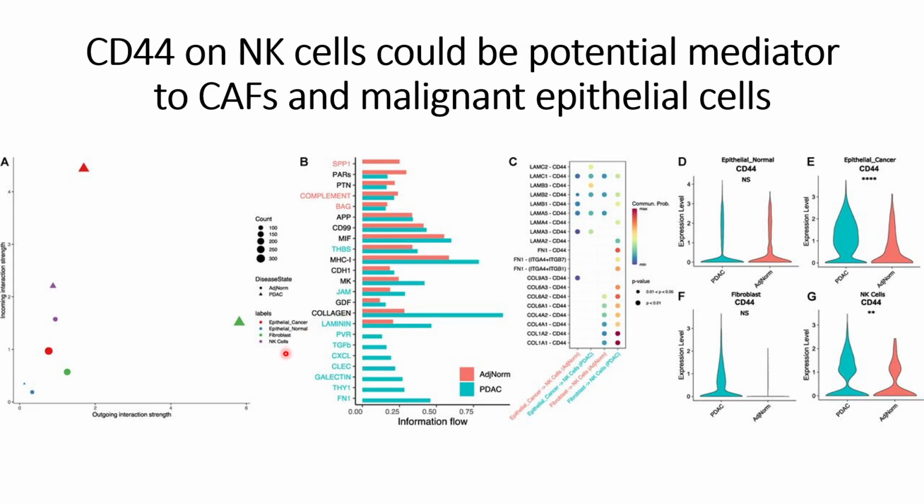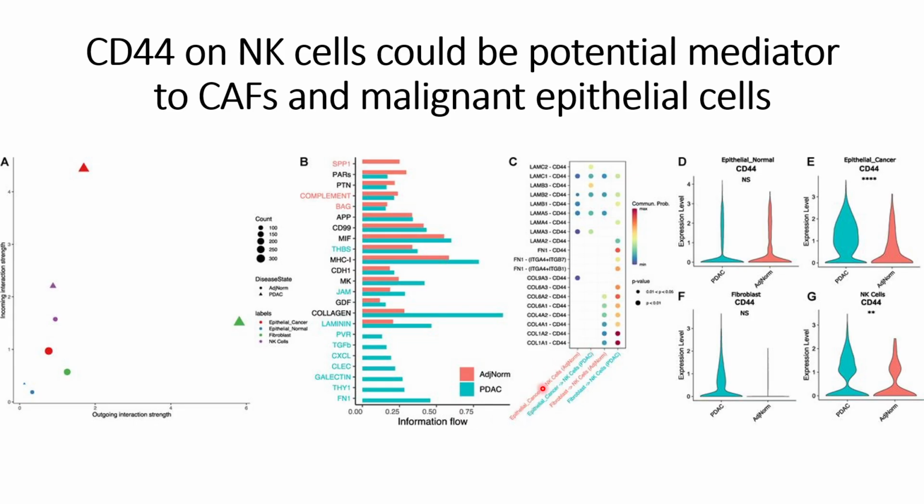Now they wanted to see the ligand-receptor interactions with respect to the NK cells, and how these signaling pathways are affected by the NK cells. They found that it is the CD44 on the NK cells that plays a major role in triggering this change in the signaling pathways.